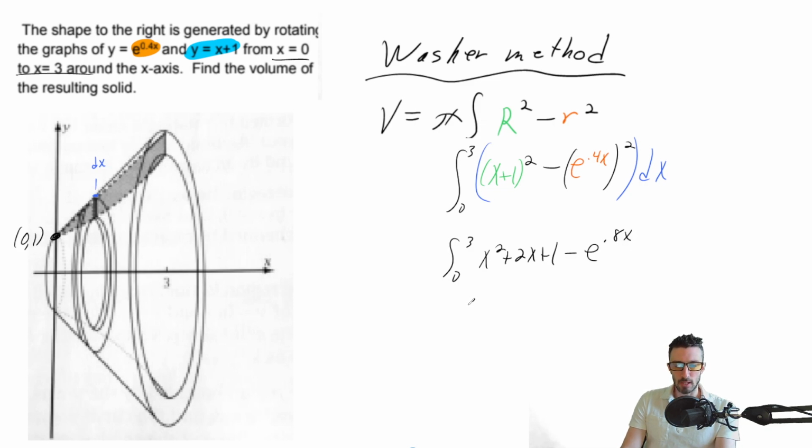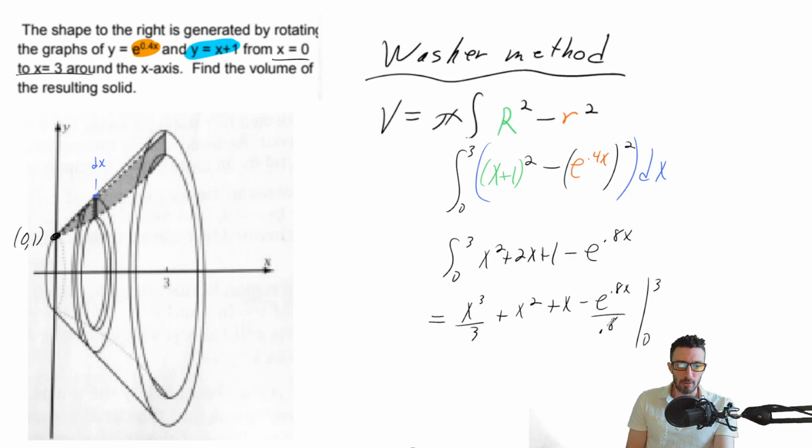And now when you're taking the integral, it would be x cubed over 3 plus x squared plus x minus e to the 0.8x divided by 0.8. That's a funny one. You could have done a u substitution if you don't know how I did that. But it's kind of like the chain rule, where I take the derivative of the 0.8x and divide by it. That works as long as it's just something times x.